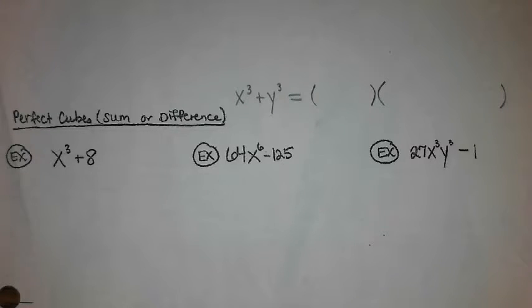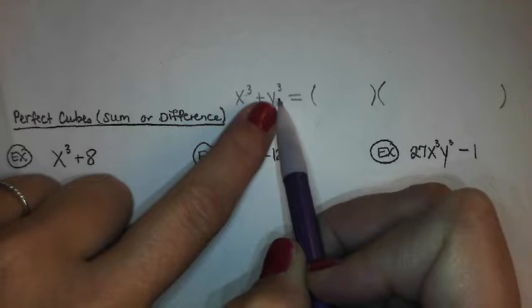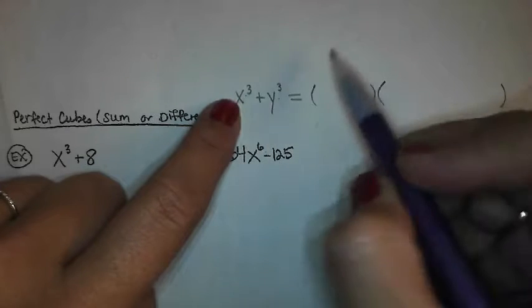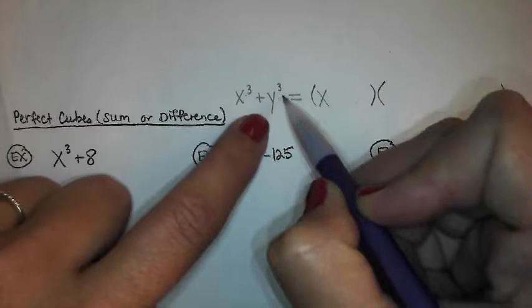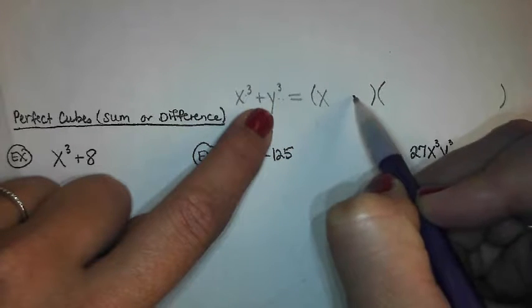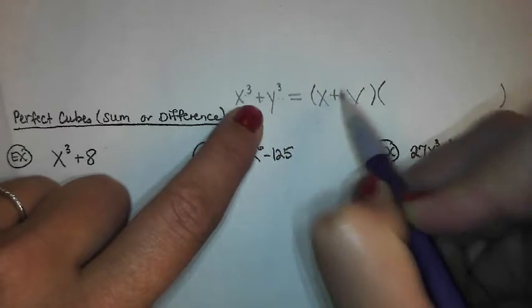Okay? The binomial is going to be easiest to come up with because it comes from the cubed root and the cubed root. So what's the cubed root of x cubed? What multiplies by itself 3 times to give you x to the third power? X. What multiplies by itself 3 times to give you y to the third power? Y. And if that's a plus, that's a plus.